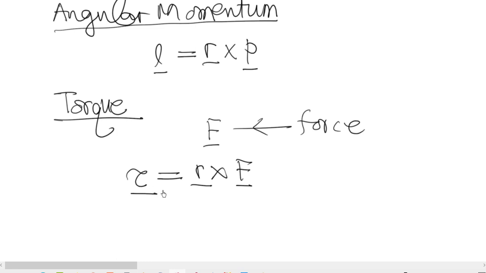This angular momentum and torque are relevant to rotational bodies or rotational particles, and small p, the linear momentum, and force F are relevant to rectilinear motions, means linear motions.